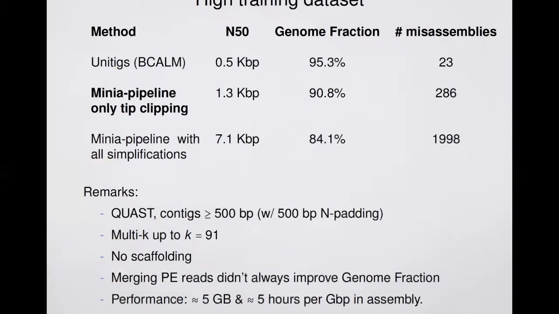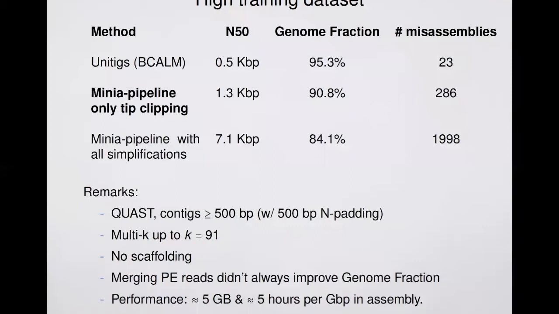Going from the low data set to the high training data set, also applying the same 3 software, we see some very significant differences. So N50 ranges from half a kb to 7 kb. Those are relatively short. But what you can notice is that Unitigs have most of the genome fraction and the least amount of misassemblies. So we did not submit those Unitigs, even though I could have submitted them, but I still wanted to provide decent assemblies.